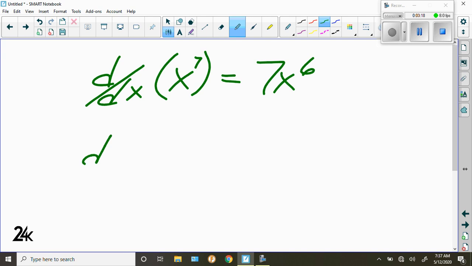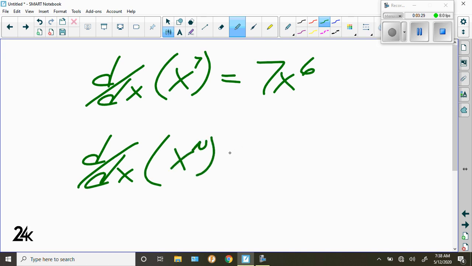If I asked, what's the derivative of x to the n? In general, it would be n times x to the n minus 1. In other words, this number goes out in front, and then you just subtract 1.